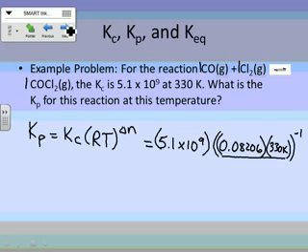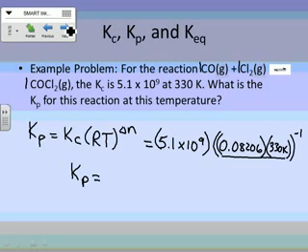And then let's see here, I'm getting to my Kp. I'm not doing that right. Okay, sorry. I punched it in my calculator wrong.